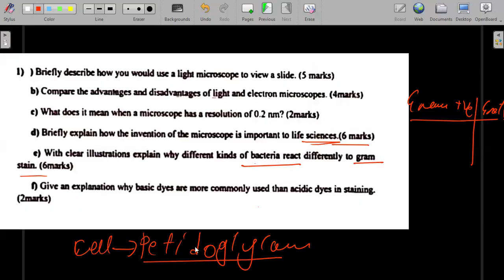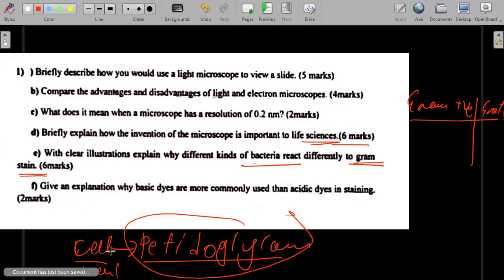Now depending on the amount of this peptidoglycan in the cell of the bacteria, you find that the bacteria will react differently to this gram stain. So you have some bacteria with thick peptidoglycan. Then we have some bacteria with thin peptidoglycan.